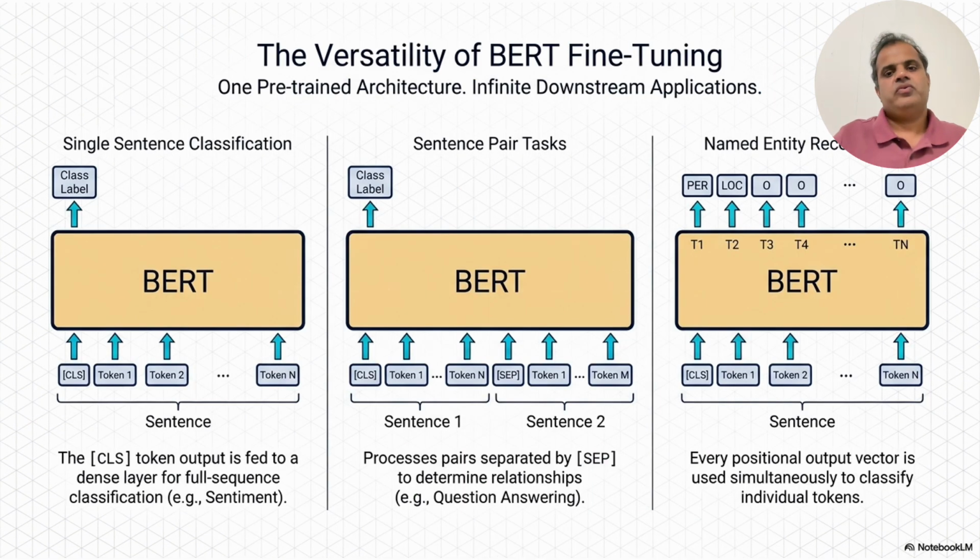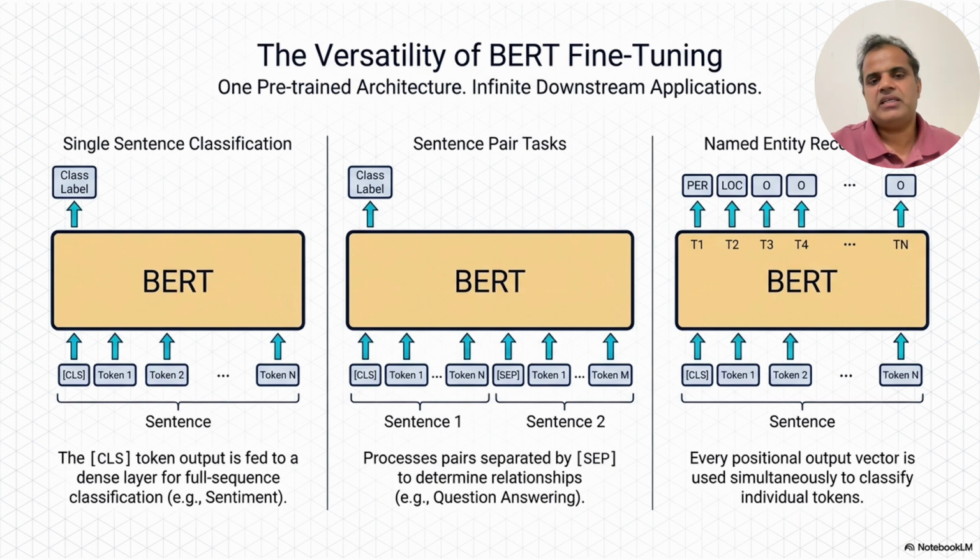We conclude with the incredible versatility of BERT fine tuning. Because the core architecture is pre trained on massive datasets, we can append a single, simple output layer to solve diverse downstream applications. For single sentence classification, like sentiment analysis, we feed the specialized CLS token output into a dense layer.